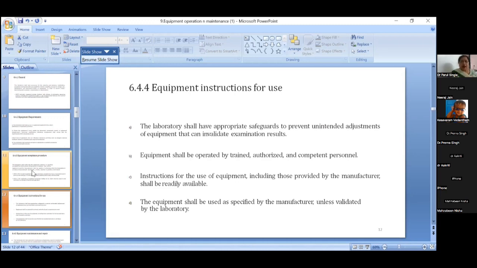It should be pasted. What are the precautions you have to take? What you will not do for this equipment? They should be clearly written somewhere and easily retrievable. Equipment shall be used as specified by the manufacturer unless validated by the laboratory. You have to follow the manufacturer instructions for equipment.